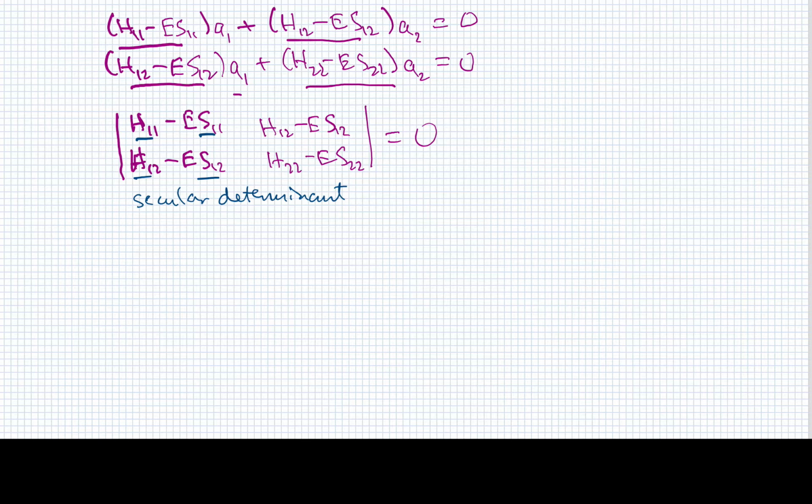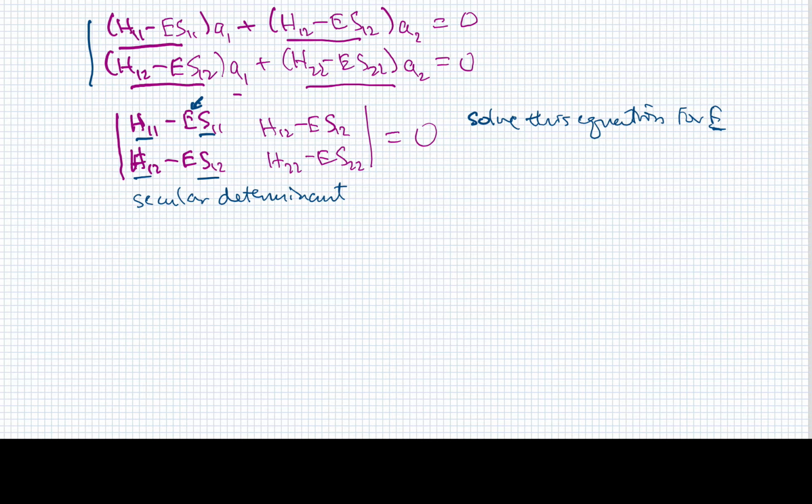The one we don't know is the energy. So in other words, we want to solve this equation for the energy. And when we do that, then we'll have two linearly dependent equations up here, and we'll be able to substitute our value for the energy that we get from solving this equation to find a solution where a1 and a2 are not both equal to 0.